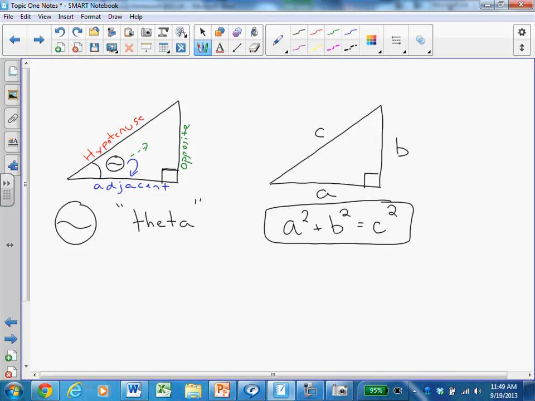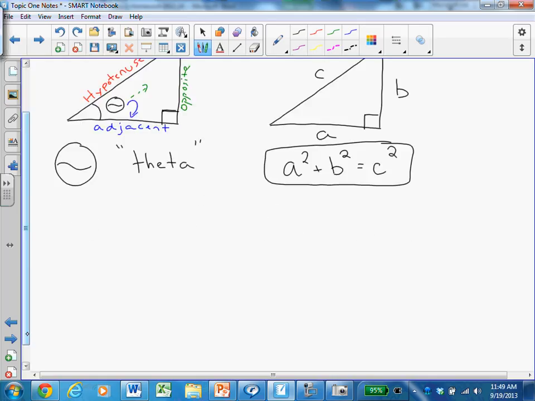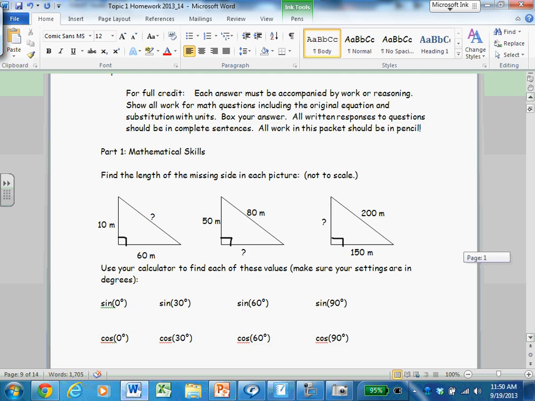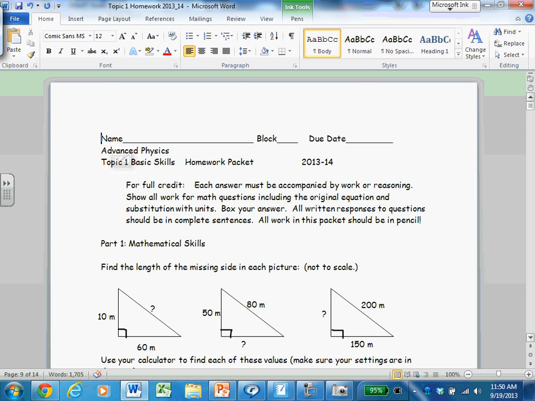We can find the angle of that resultant using the trig ratios. Okay? So now, if we go to page 1 on here, the first problem, some of you have already done.